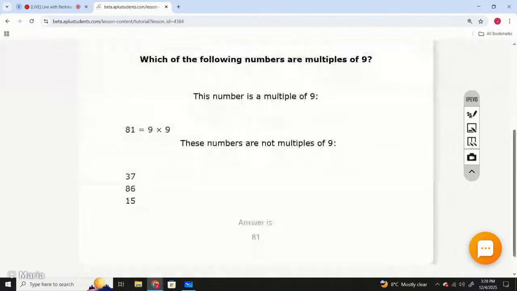Which of the following numbers are multiples of 9?